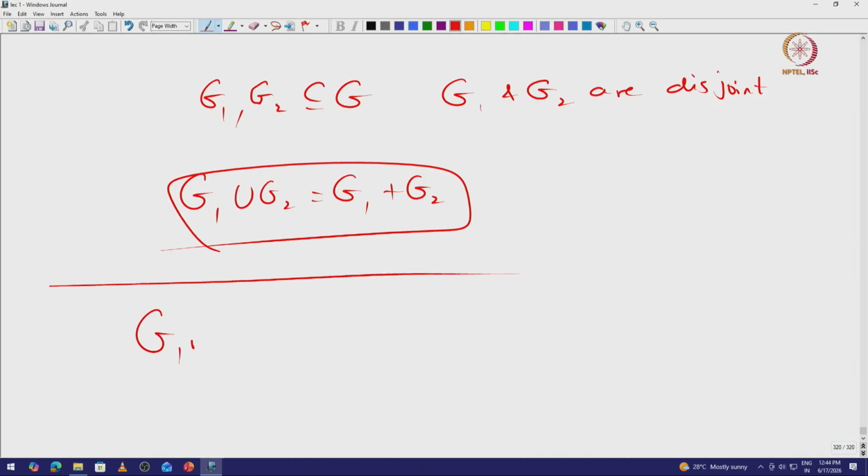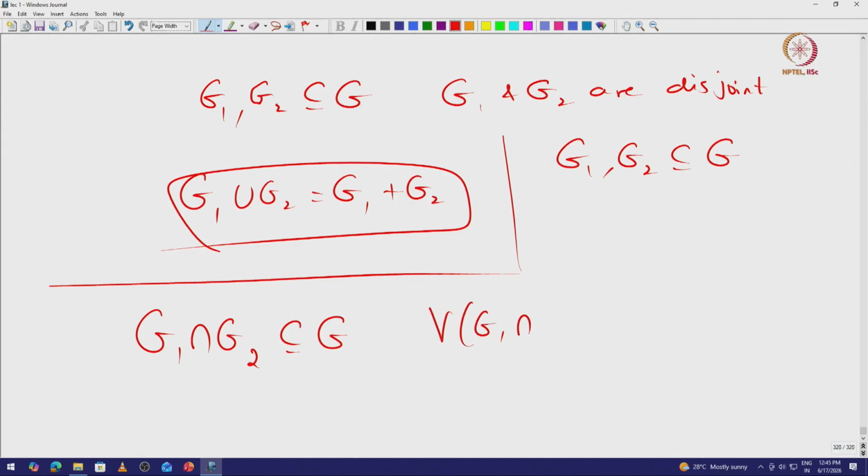Again, one can also talk about intersection. The intersection is again naturally defined as a subgraph of G. Let us say G1 and G2 are given subgraphs of G, then the intersection is going to be the intersection of the vertex sets and the intersection of the edges.